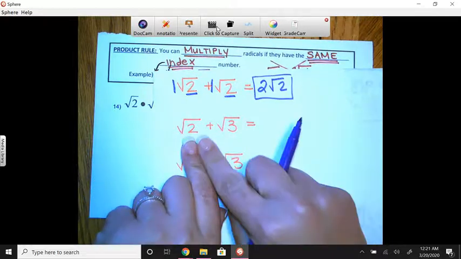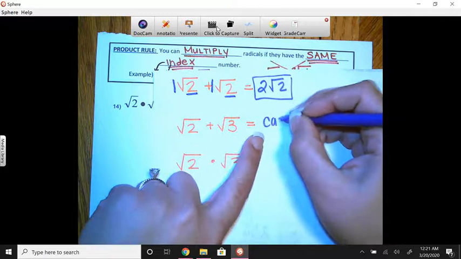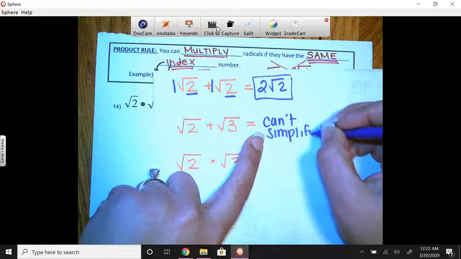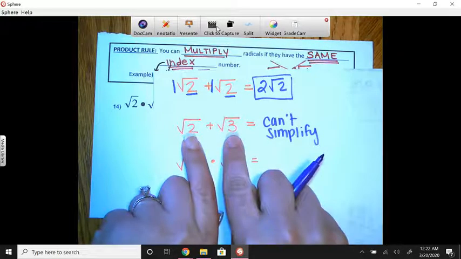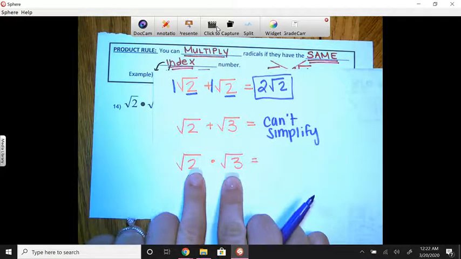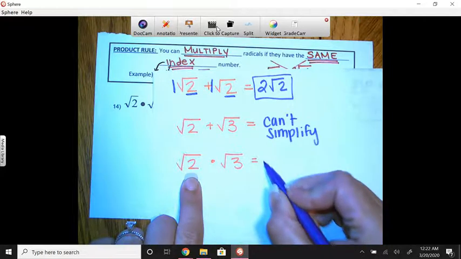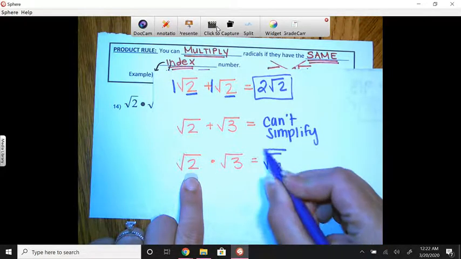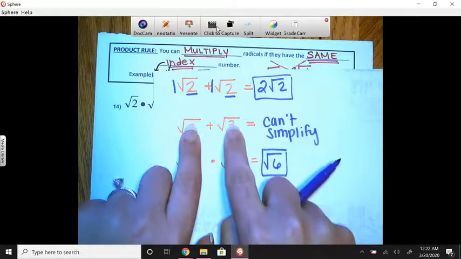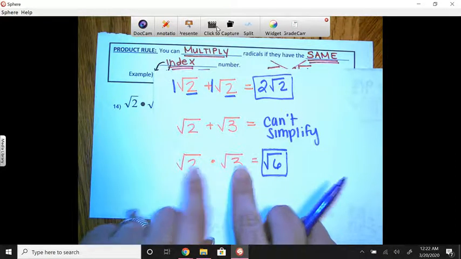But if we add the square root of 2 plus the square root of 3, we can't simplify this because the inside of the radical, the radicand, does not match. But with multiplying, we can. As long as the indexes match, we can multiply and get the square root of 6. So again, when you're adding, these have to match. When you're multiplying, they do not have to match, and you are allowed to multiply them.